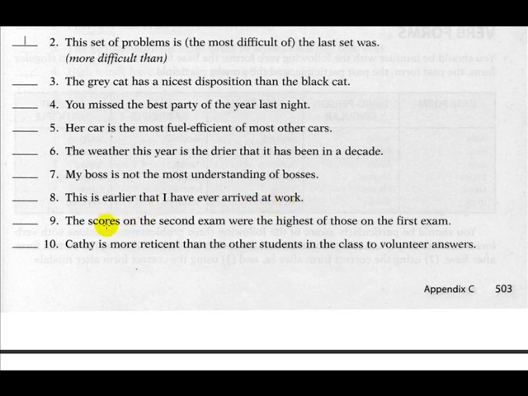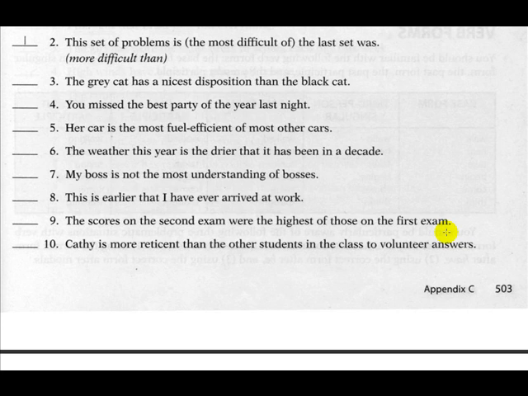Let's go to number 9. I know I'm doing them all for you, but that's okay. Maybe I'll leave one for you at the end. Okay, leave number 10 for you. The scores on the second exam were the highest of those on the first exam. What are we doing here?